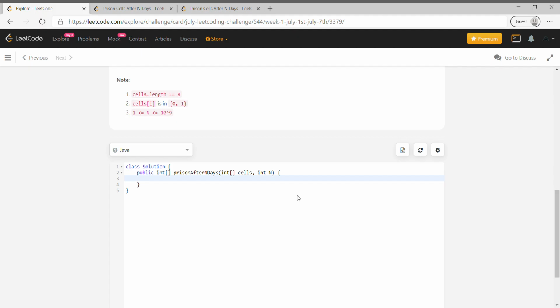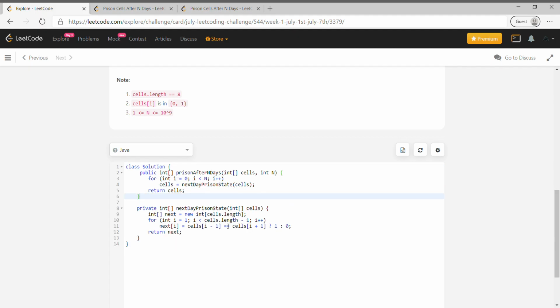So what we can do here is have one helper method called, let's say, next day prison state, and in that we are given an integer array of cells. What it does is basically check the adjacent neighbors of cells. So the next of i shows the state of the ith cell, which will be determined by its two adjacent cells.